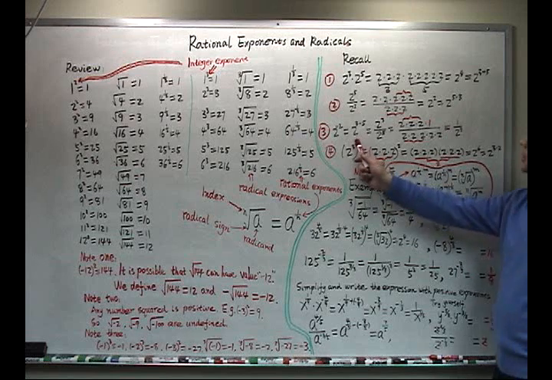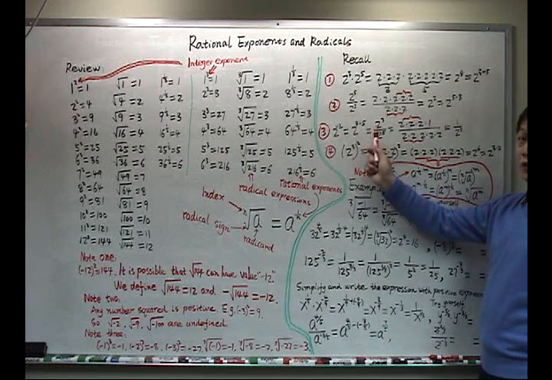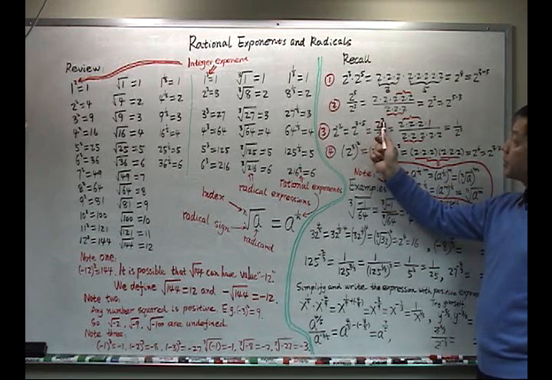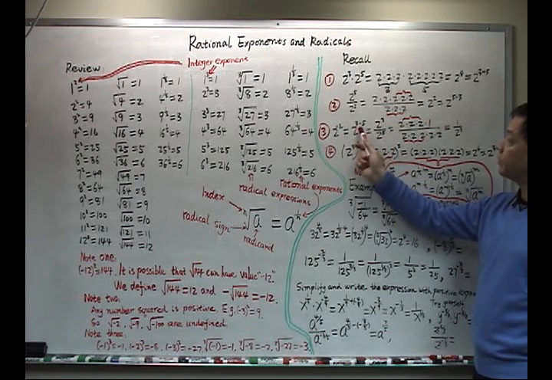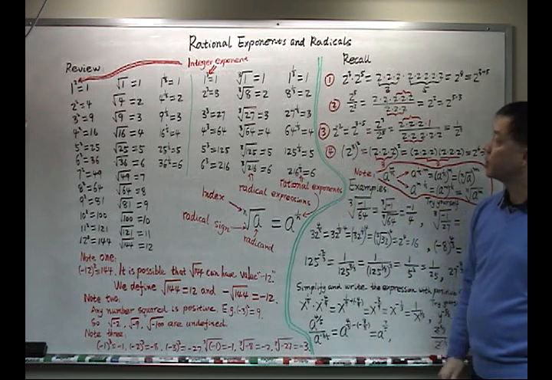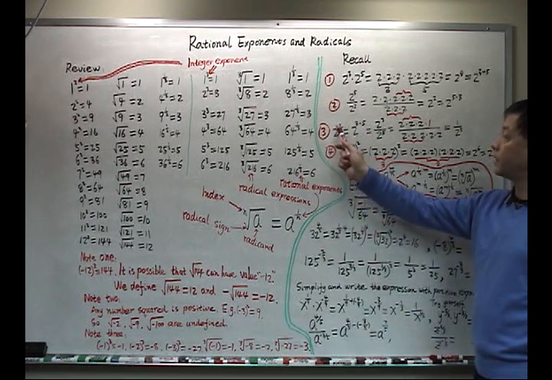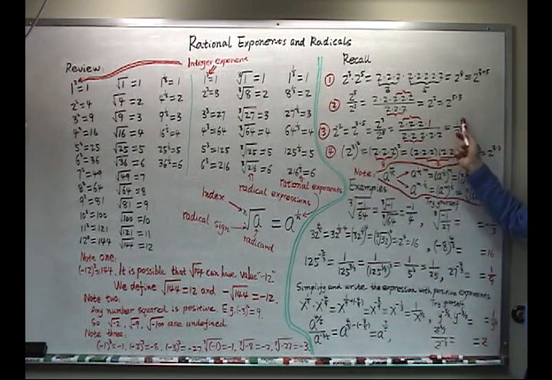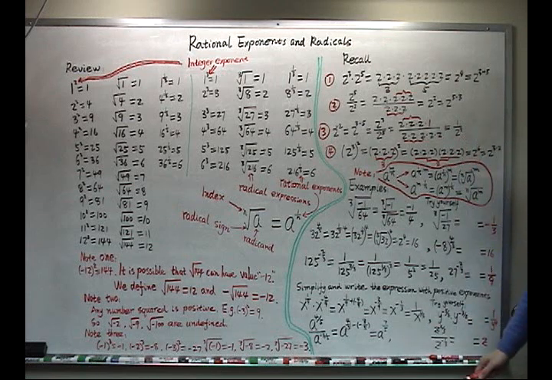On the other hand, since here we do the division, the exponent is 3 minus 5, which is negative 2. So this tells us 2 to the negative 2 equals 1 over 2 squared.